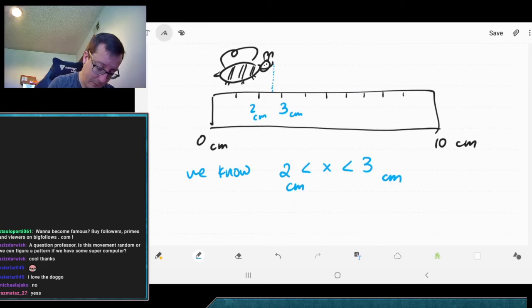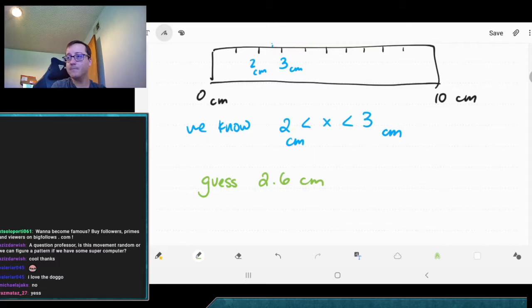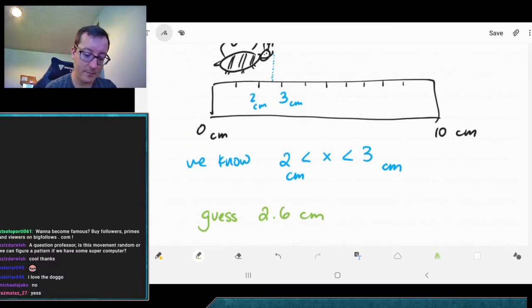So maybe we'll guess that this is 2.6 centimeters. Something like that. 2.6, 2.7, maybe even 2.5. We're guessing. But we know for sure it's between 2 and 3. So we have a better guess than we did before.